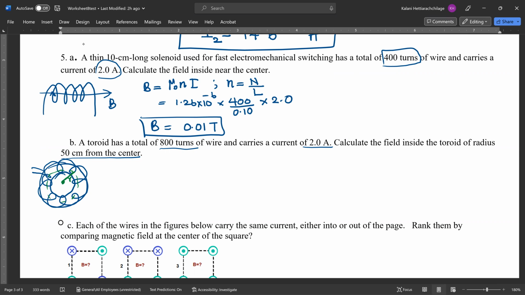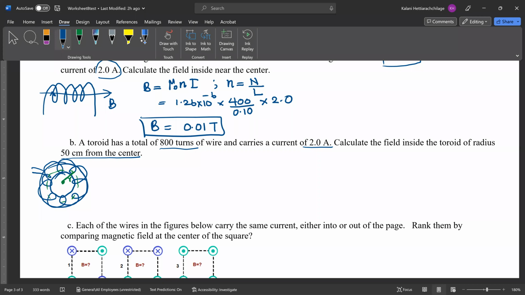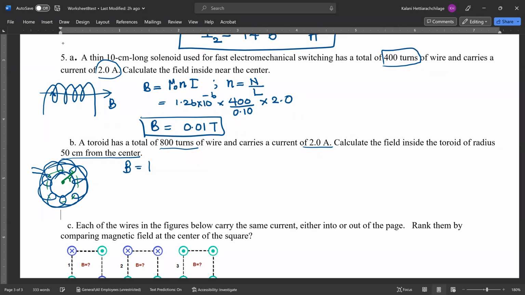Now for a toroid, the equation will be B equals mu naught N I divided by 2 pi r, where r is the distance of your point of interest from the center of the toroid. So now we have that information. Let's plug it in: 1.26 times 10 to the negative 6, number of turns is 800, current is 2 amps, divided by 2 pi and r is 0.50 meters.